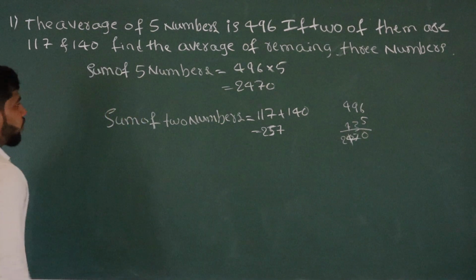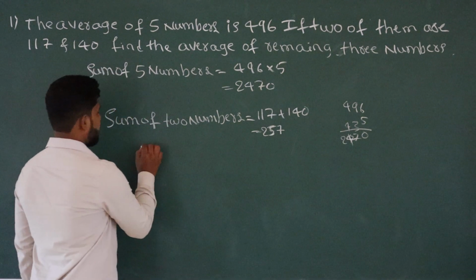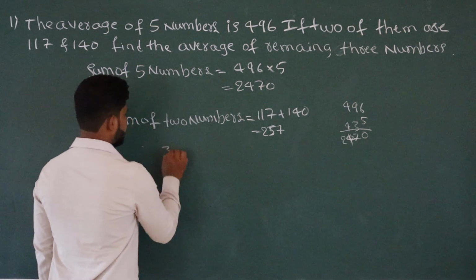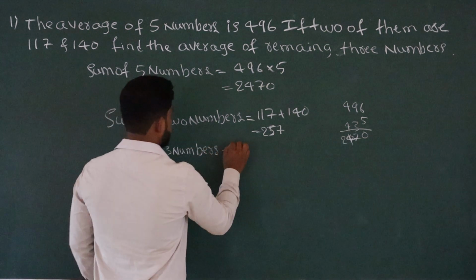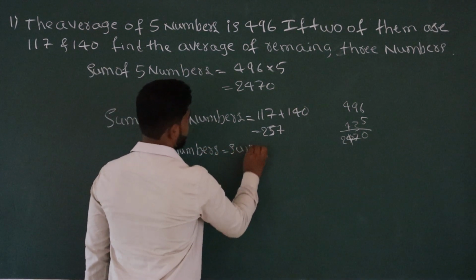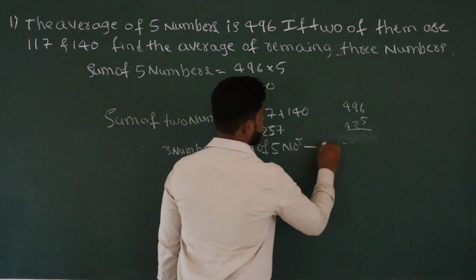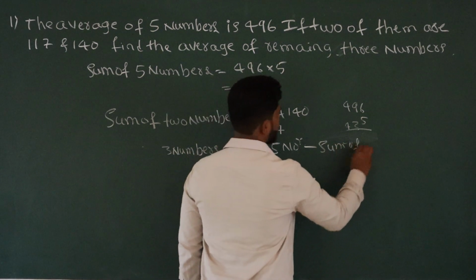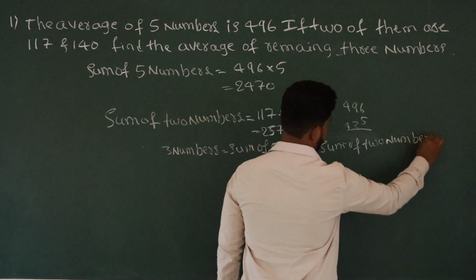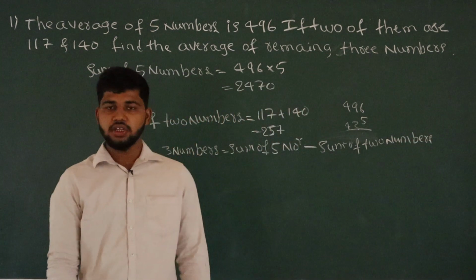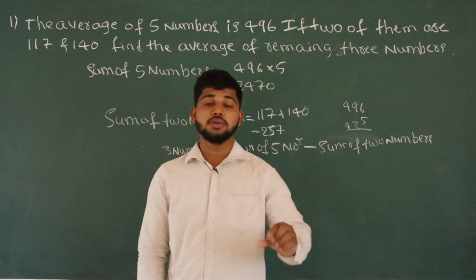Now we have to find the remaining 3 numbers. The sum of the 3 numbers is equal to the sum of the 5 numbers minus the sum of the 2 numbers.